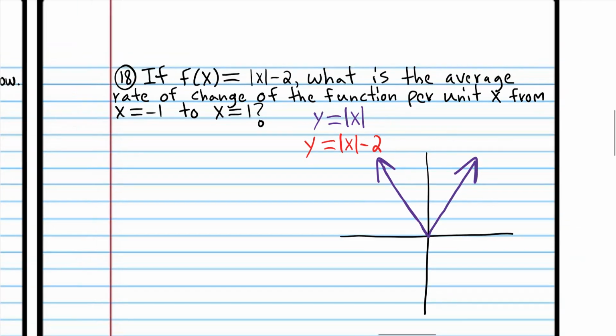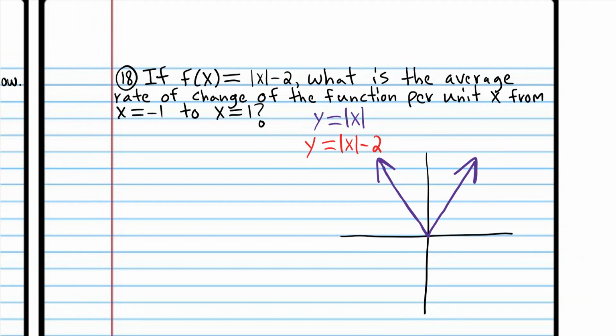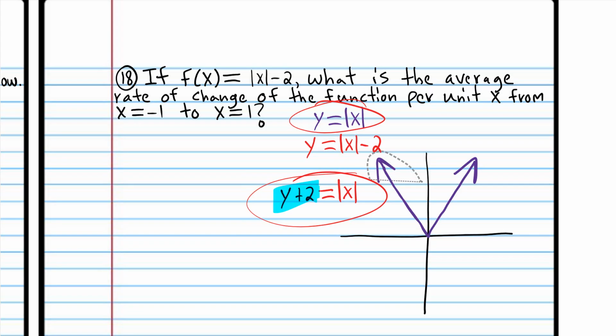It's not a perfect graph, but something like that. Now, if the function we're trying to graph is this function here, if you add 2 to both sides of the equation, you see that the purple equation and the red equation are exactly the same. The only difference is you're adding 2 to y. So that means you're going to move the graph down 2 units. So that gives us an idea of what the graph looks like.